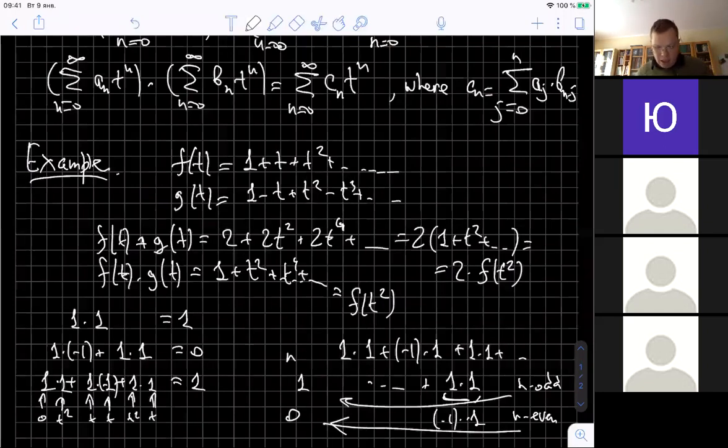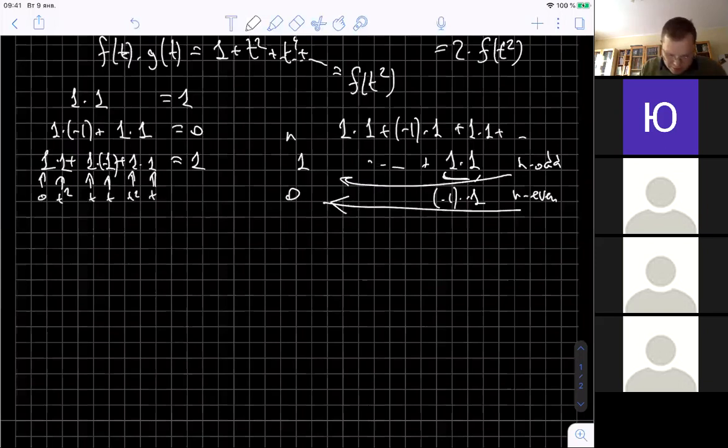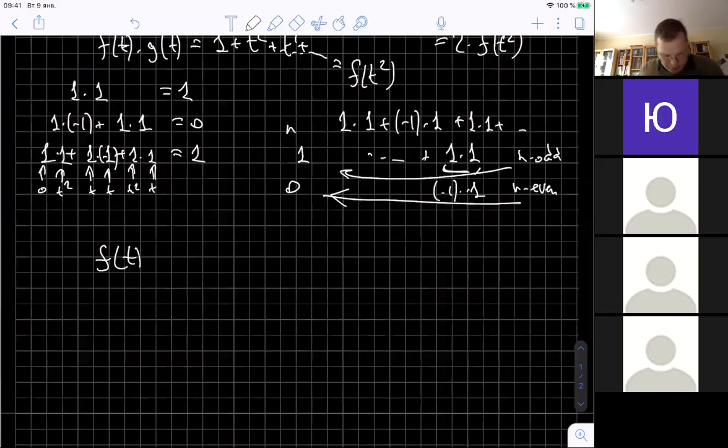Okay, so maybe I can give you another example. Suppose we have just the sum of the binomial coefficients. The usual binomial coefficient in the k-th power of t will be n choose k.